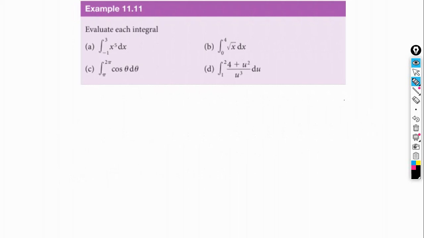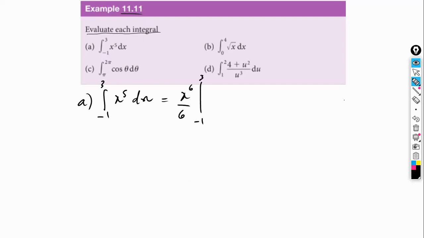Okay, very well. So for example 11.11, they want us to apply the second fundamental theorem of integral calculus in order to evaluate each integral. So for letter A, they want us to integrate from -1 to 3 of x to the 5 dx. In these cases, we simply do what we would normally do. We would say, well, this is x to the 6 over 6, but this is a definite integral that goes from -1 to 3.